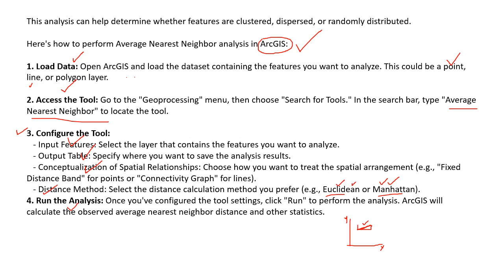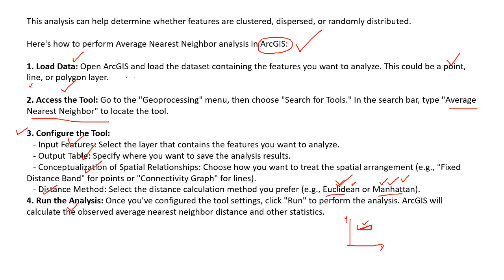But if you are doing some work related to urban planning, then it is the road which you have to think about, that okay, this is the distance here and this is the distance. So in that case, you will choose Manhattan distance. In most cases, the Euclidean distance is taken.